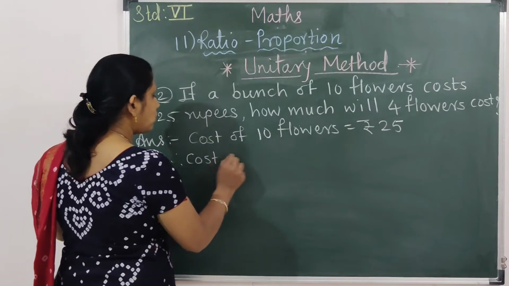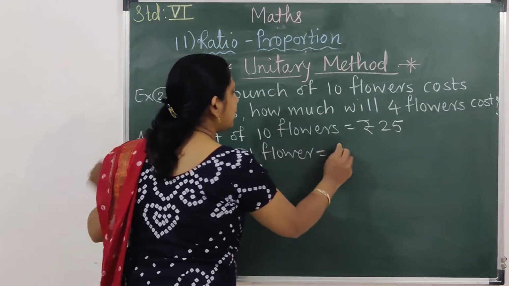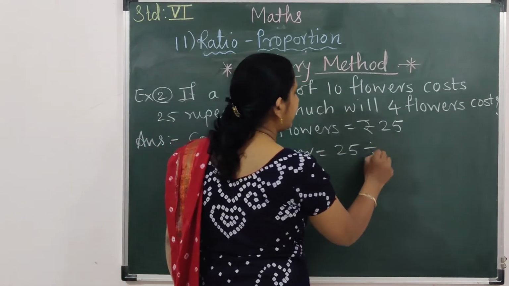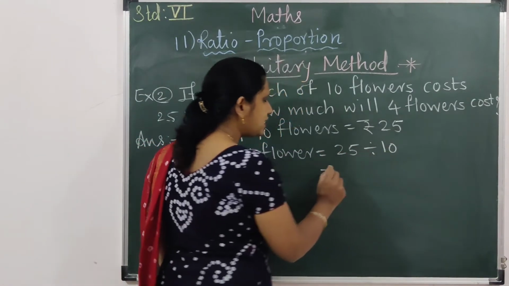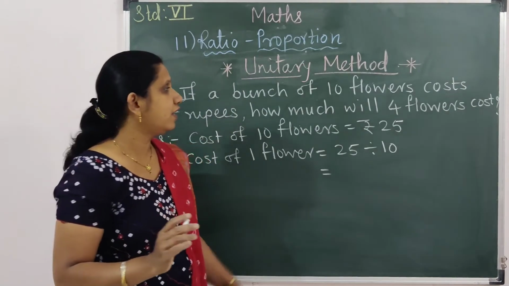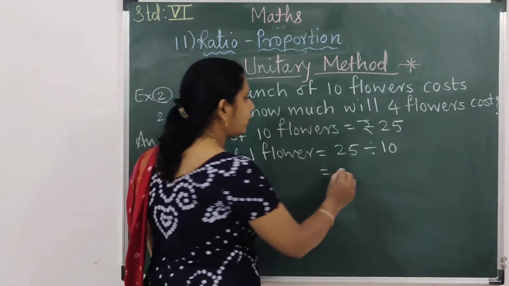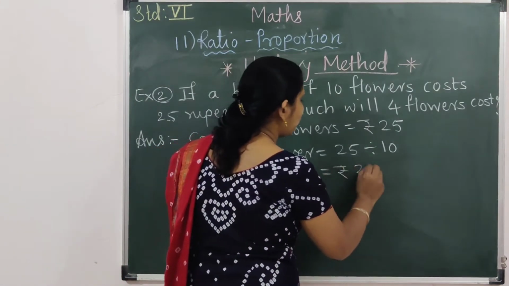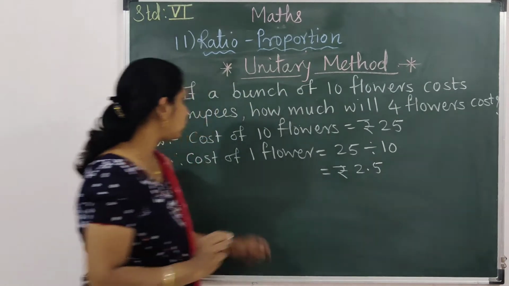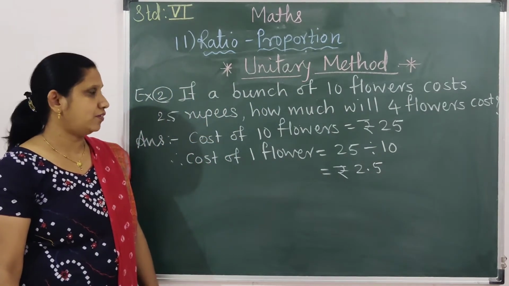Therefore, the cost of 1 flower is equal to 25 divided by 10. It is again related to decimal fractions, which we have already studied. Next to 1, 0 is there, only one 0, so it will be rupees 2.5. So the cost of 1 flower is rupees 2.5.